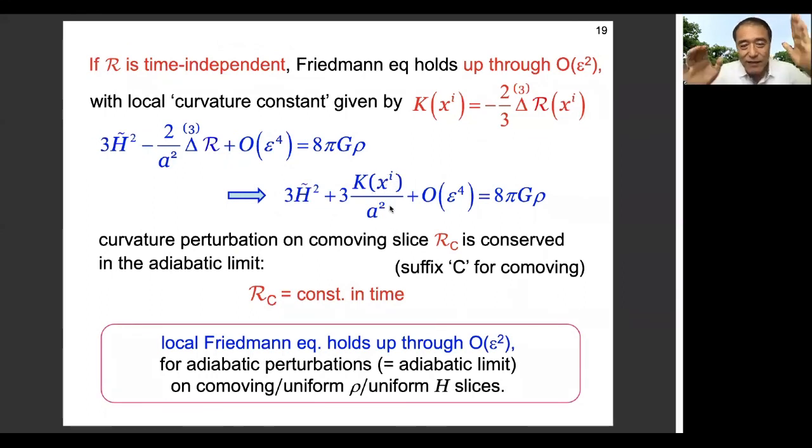If this will not be affected by any physics next to this x, you have something next to it, but the assumption is that anything going on next door cannot affect this, which means that the size must be large enough so that there's no causal communication between two patches.